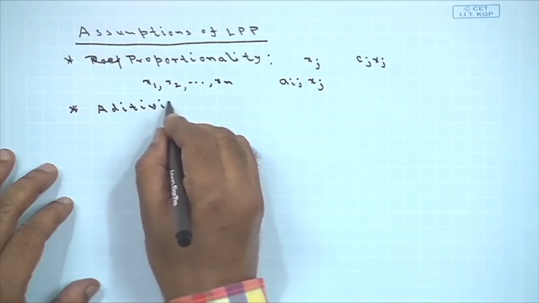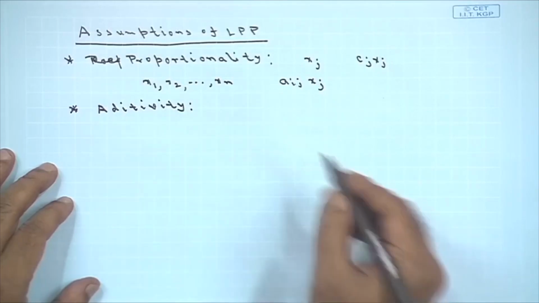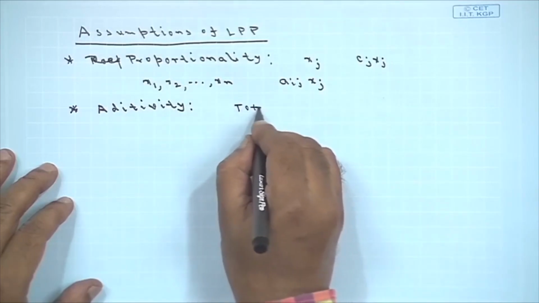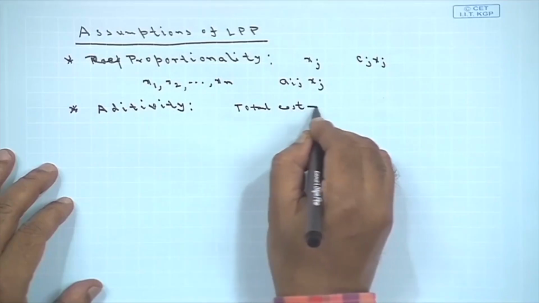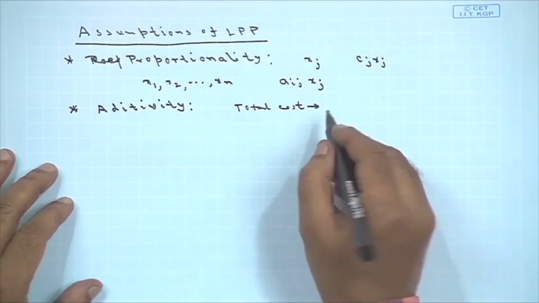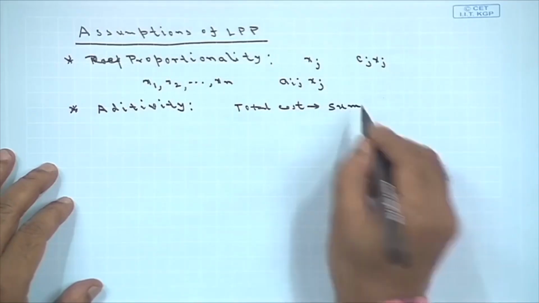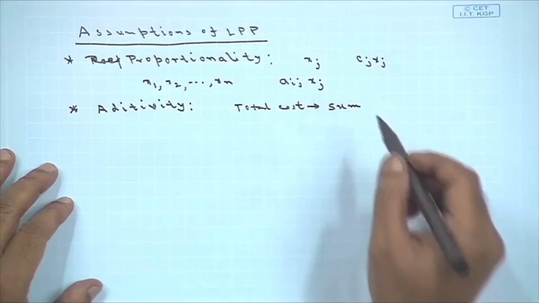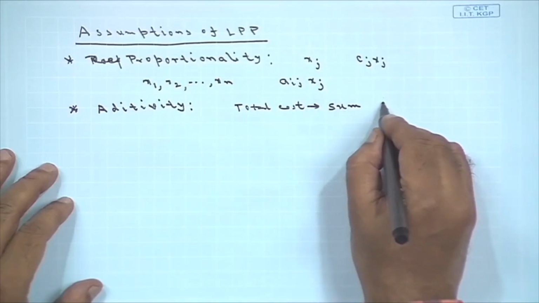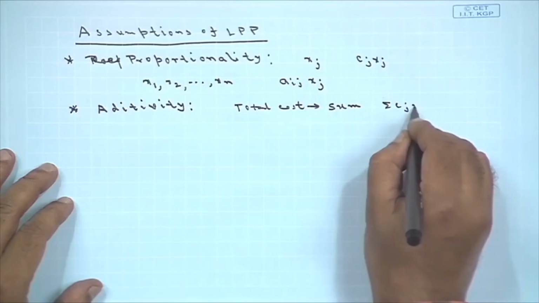additivity. Additivity means you have the total cost, which is nothing but the sum of the individual costs of the components, because total cost is nothing but the summation over cj xj.